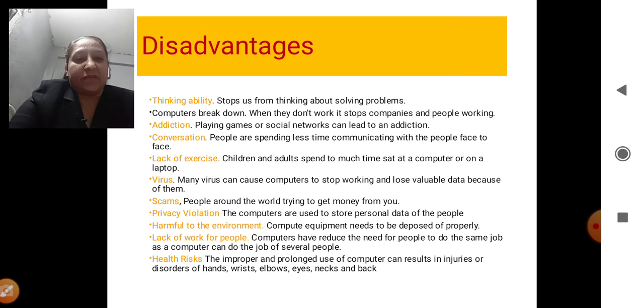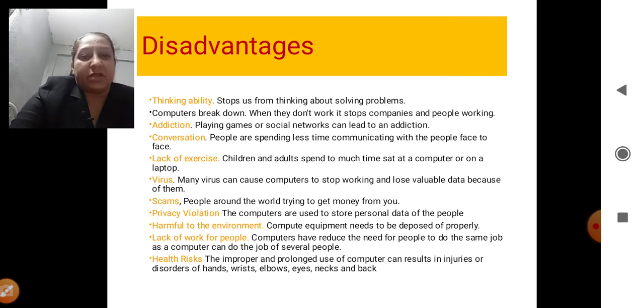Next point as written, privacy violations. Today we are asked to give our personal identities in the form of PAN cards, Aadhaar card, everything. Wherever we use online transactions, what we provide, the hackers misuse our private data. So that is also another disadvantage.